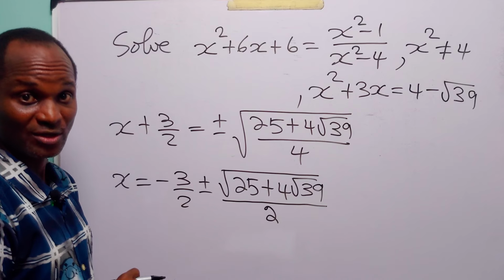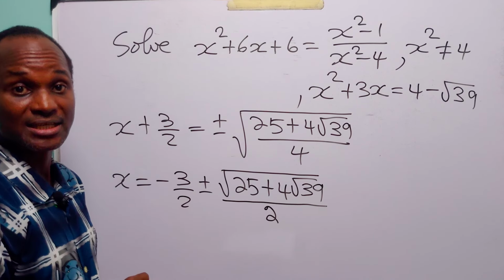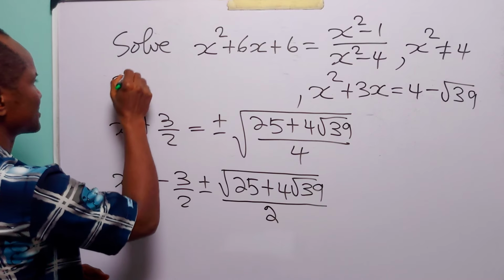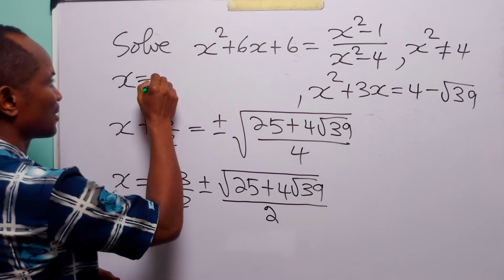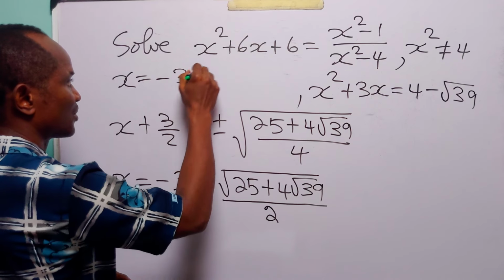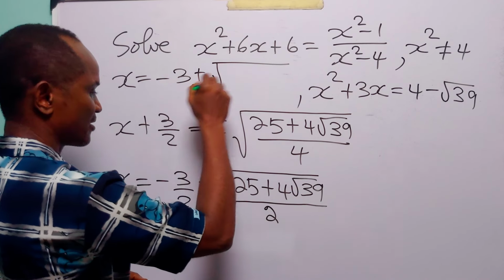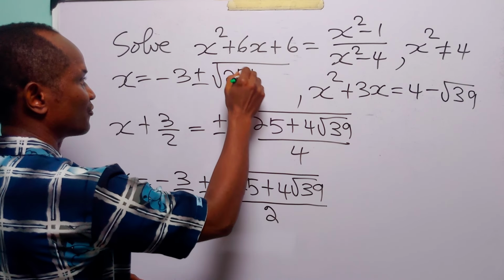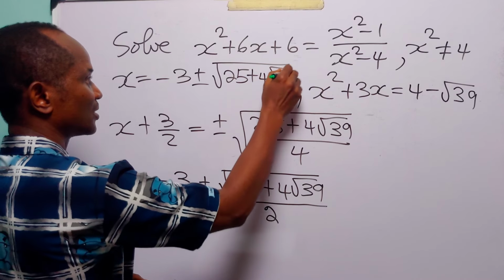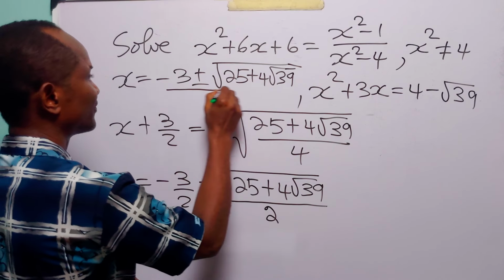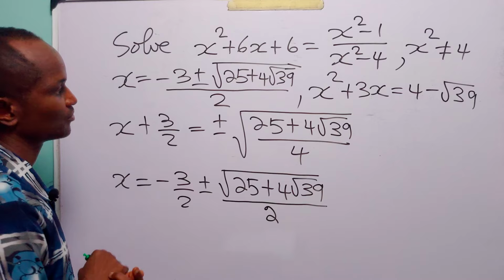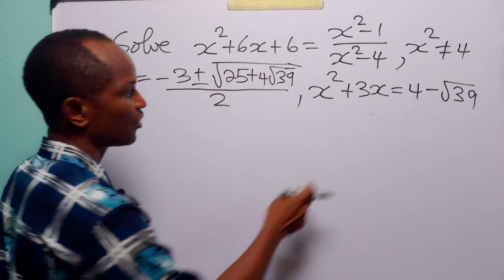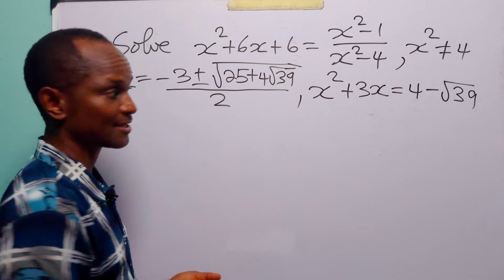So we found two values of x that satisfy this equation. We have that x is equal to minus 3 plus or minus the square root of 25 plus 4 root 39 divided by 2. And once more, to solve the second equation, we do exactly the same thing.